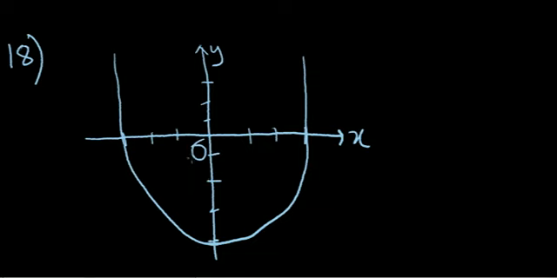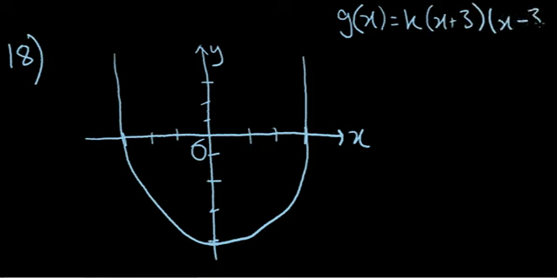So the graph above shows the function g, where g of x equals k times x plus 3, x minus 3. So this function is this line.